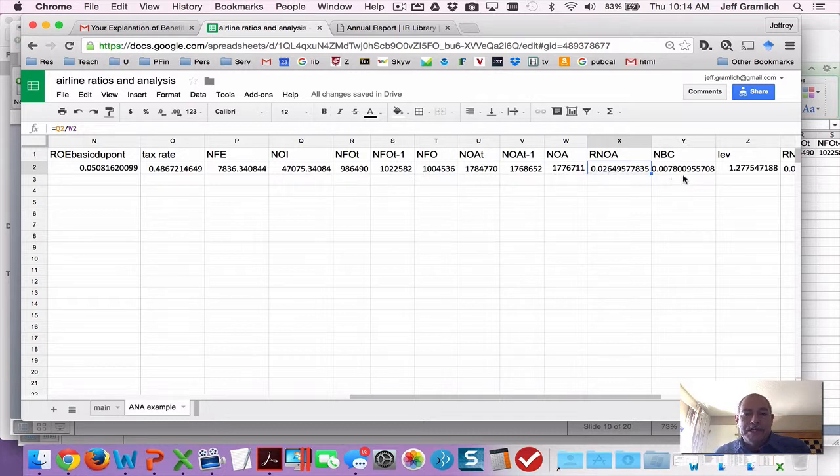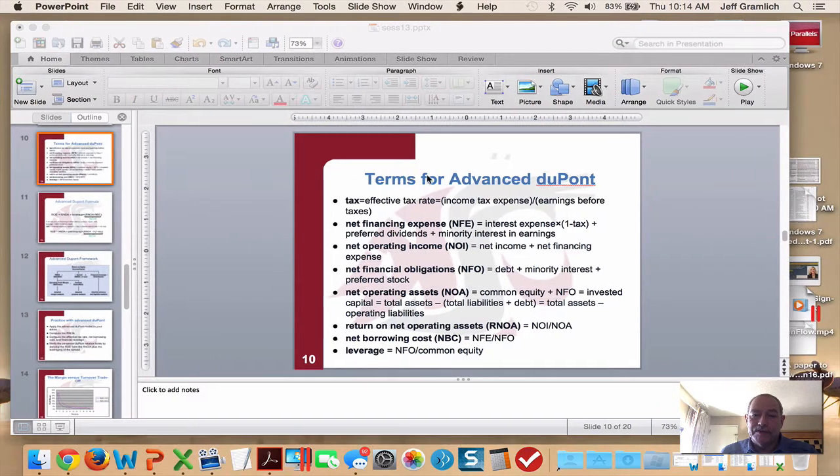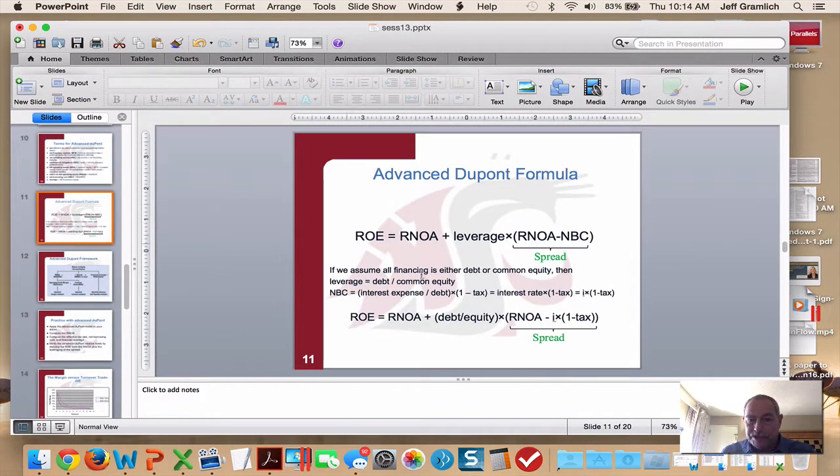And then we take the net borrowing cost, which is the net financing expense, divided by the net financial obligations. And all of this is coming off of the slide here. This slide and the next one, which is right here. And those slides you have in PDF.